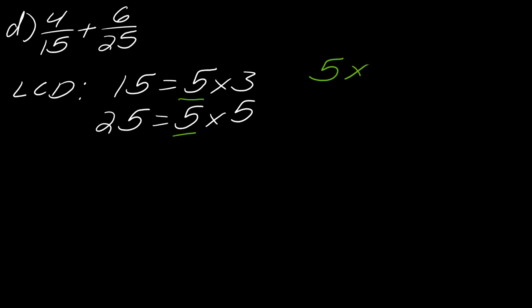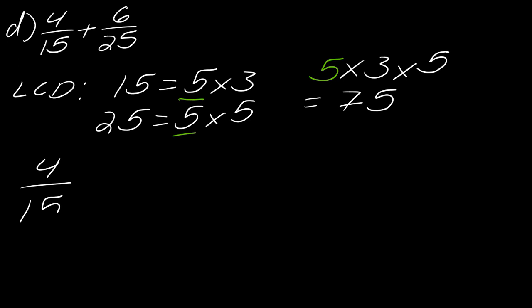So this is actually part of the reason why I like to color code things. I like to underline that thing that I divided both by so I don't forget. And then also just by making that visual reference, it helps me to figure out what else I'm supposed to put in my LCD. So the stuff I didn't underline goes into the LCD. So this will be times 3 times 5. So this is 75.